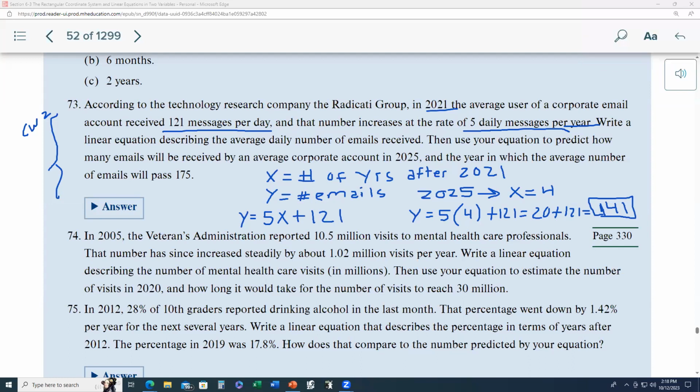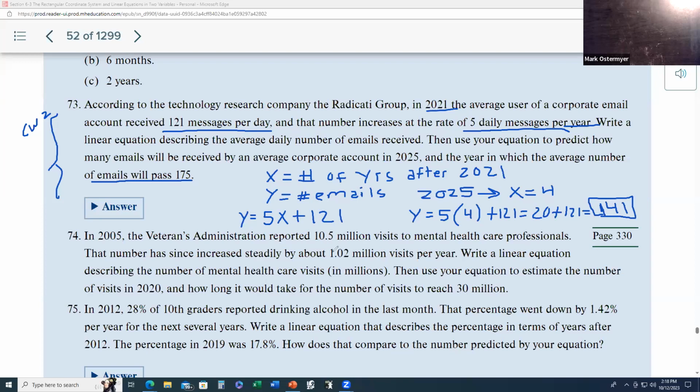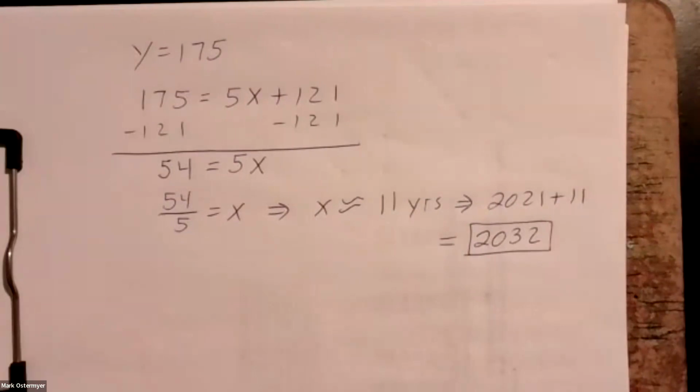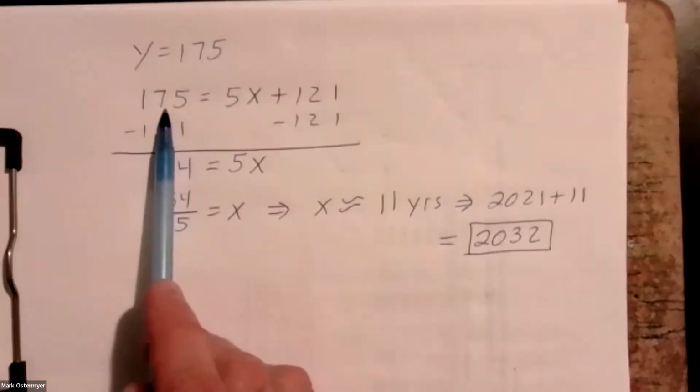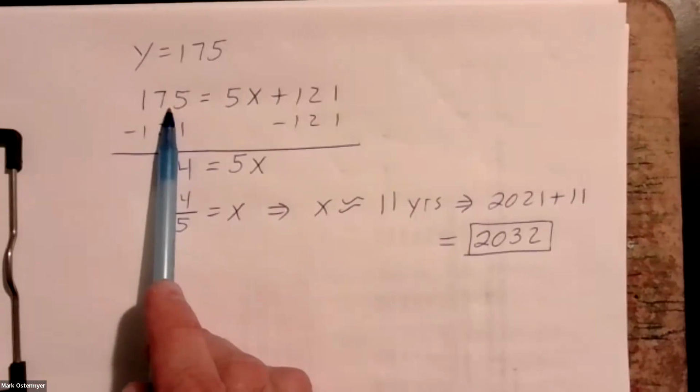Now, to answer the question, during what year will we expect the average daily emails received to be 175? To answer that question, we have to let Y be 175, because Y is the number of emails received. Replace Y in our linear equation with 175.